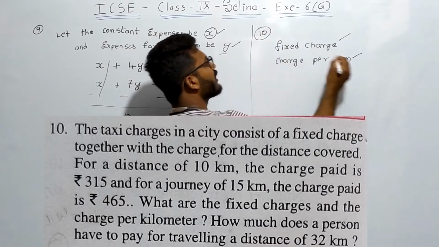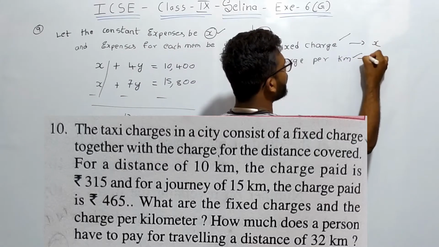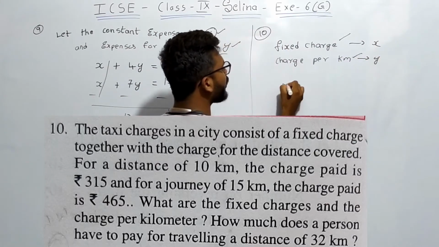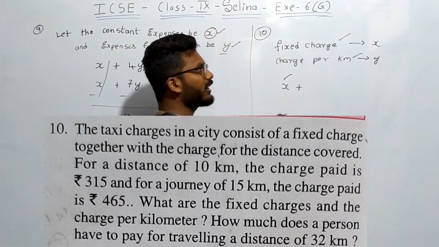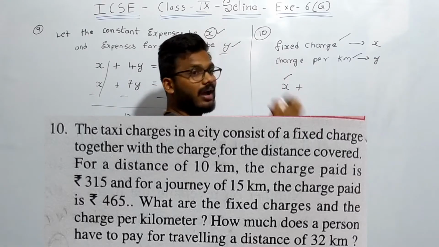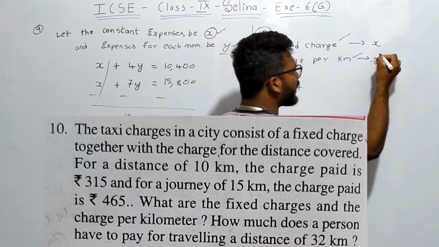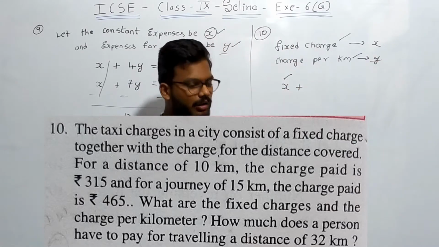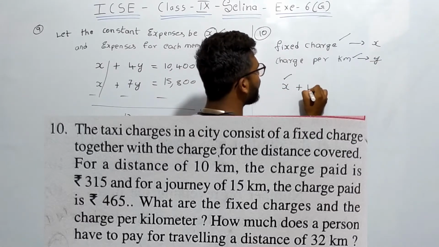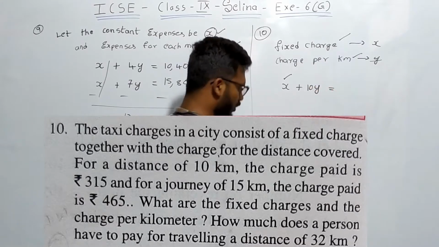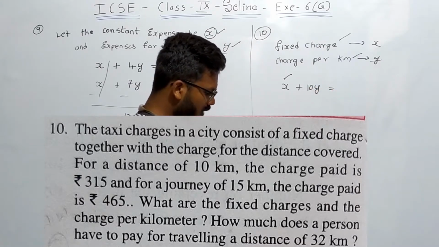That means let the fixed charge be x, and for each kilometer it is y. So for 10 kilometers, it is the constant fixed charge plus the cost for 10 kilometers. For each kilometer it is y rupees, so 10y, and x plus 10y is equal to 315.